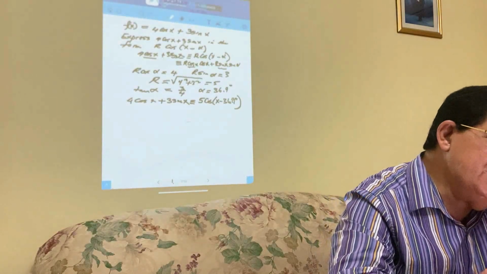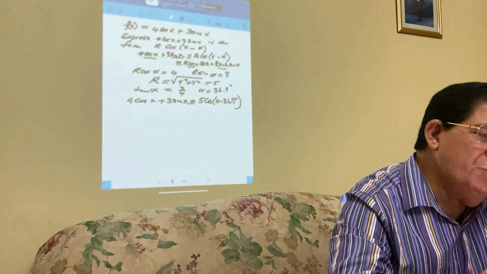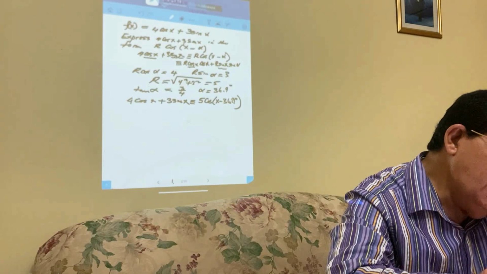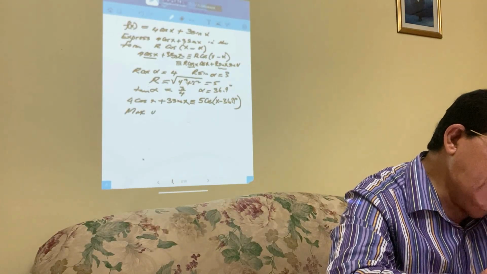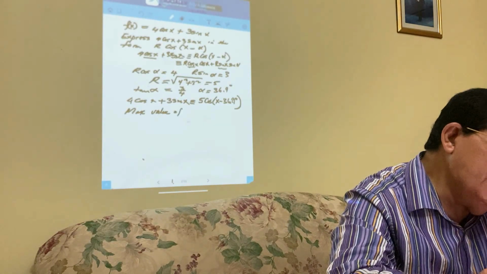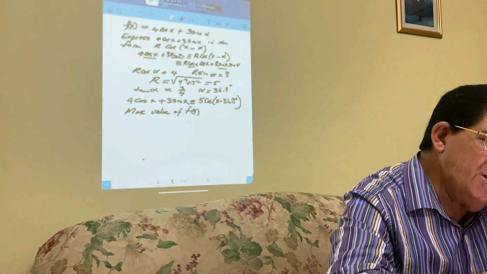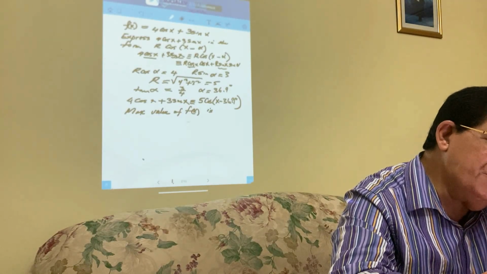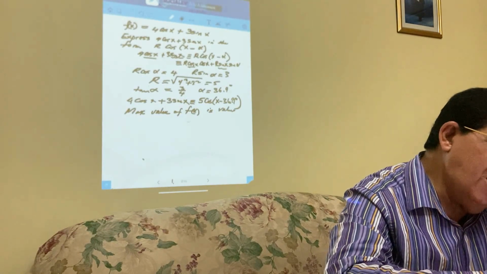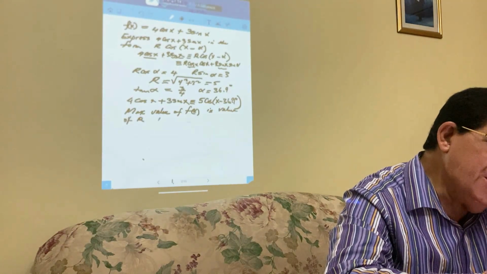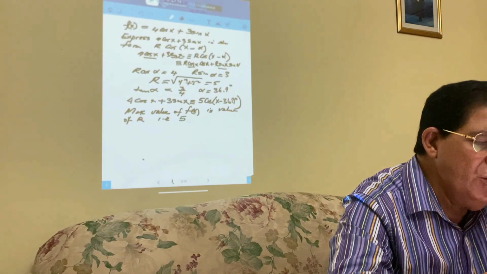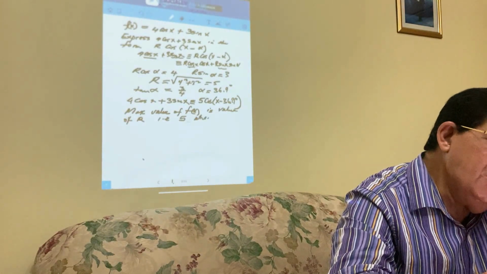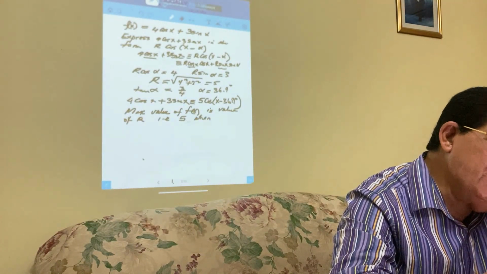Now, this is identical to the other one, but that one is sine and this one is cosine, no problem. If I was asked what is the maximum value of f of x, I say it is r, i.e. 5. When the cosine is going to have the greatest value.